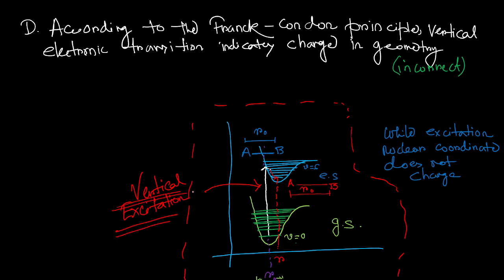If I take the difference between this and this, we will call it adiabatic excitation. These are the two main features of electronic excitation, or excited state and ground state treatment. Now let's look at the last question of this assignment.